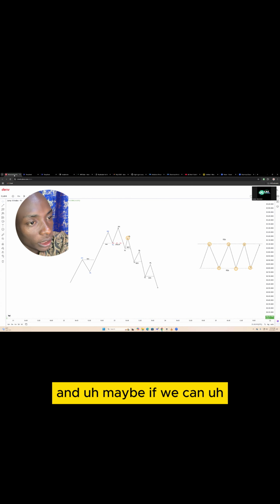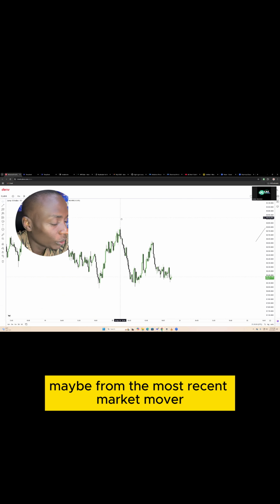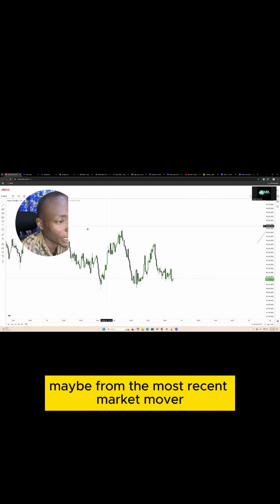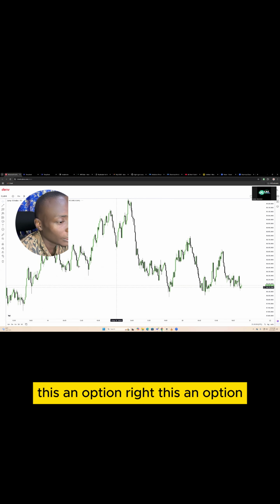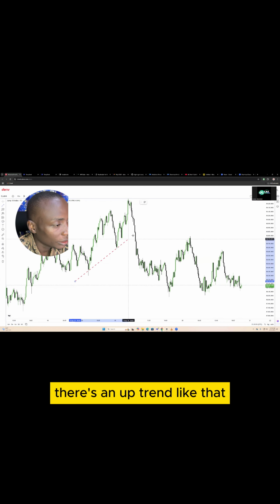And maybe if we can check the real chart now, you're able to tell from the most recent market move, this is an uptrend, right? This is an uptrend like that.